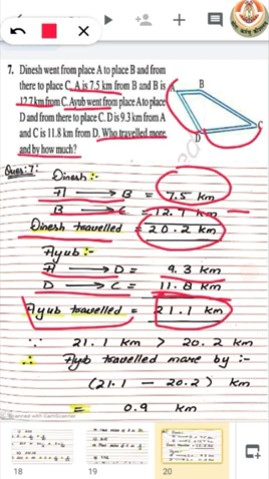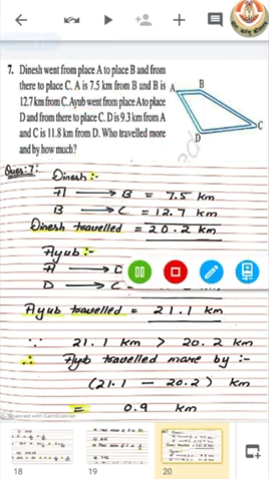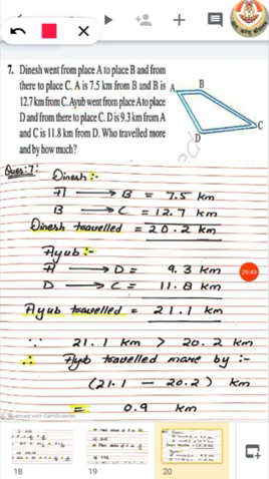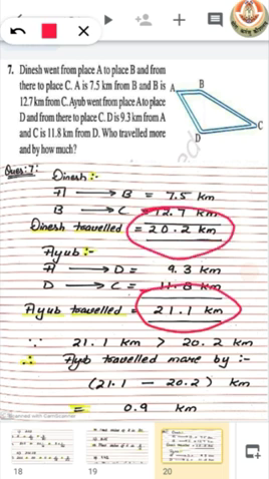So we can easily see that the distance traveled by Ayub is greater than the distance traveled by Dinesh. So we can say that Ayub traveled more, and by how much? For this, we have to subtract both the decimals. So after subtraction, we get to know that Ayub traveled 0.9 kilometer more than Dinesh.